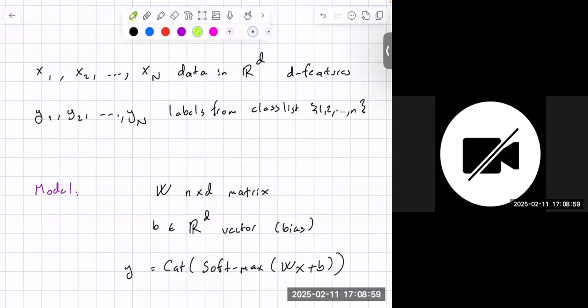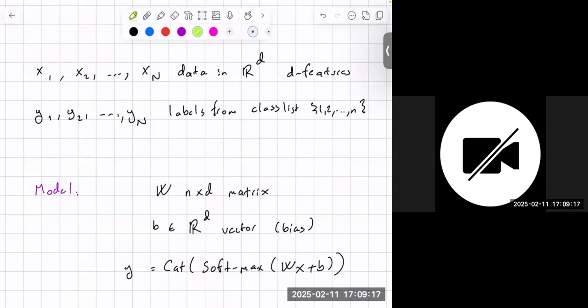Suppose there's n different classes, dogs, cats, I don't know, horses, kangaroos, whatever. These are your images, D features. This is your labeled data. They belong to different classes, and you would like to fit a supervised model to this data.